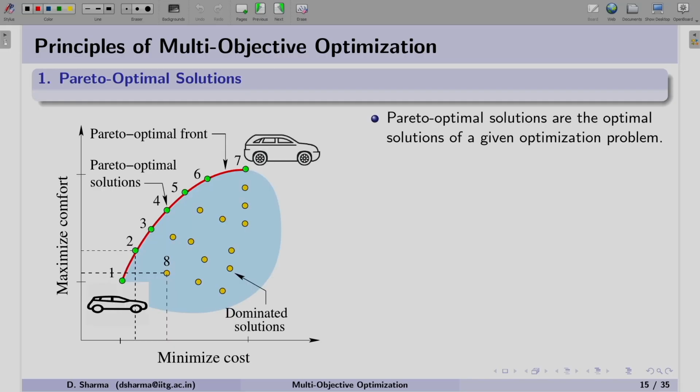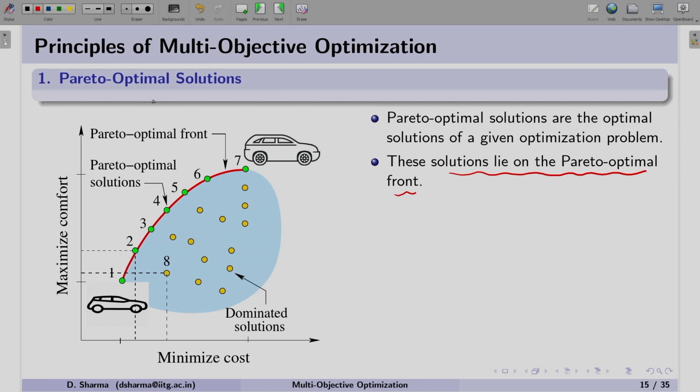We will start with the Pareto optimal solution. In this case, we are going to take the same example of the car, where we want to minimize the cost and maximize the comfort. Now, what is a Pareto optimal solution? Pareto optimal solutions are the optimal solutions of the given optimization problem. These solutions lie on the Pareto optimal front.